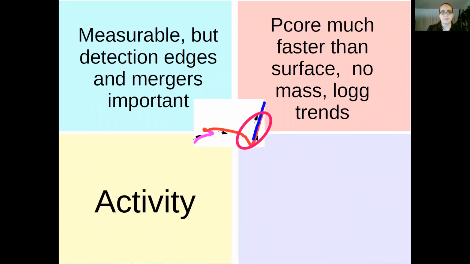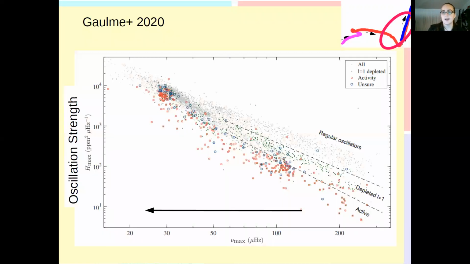Okay, so what about activity in these stars? Well, we know that there is activity because we were able to measure the surface rotation rates. But one of the other things Patrick Gaulme noticed was that he did a plot of the oscillation strength, which is the y-axis here, as a function of nu max, which is an evolutionary coordinate in this regime. So stars are evolving from right to left on this plot.